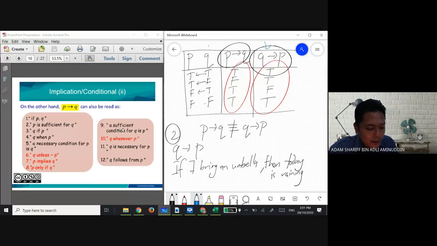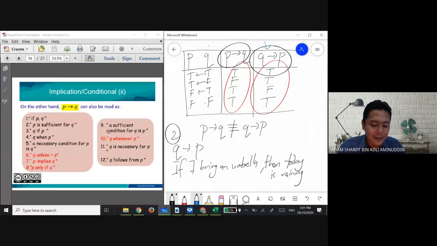Okay, they said, according to Rosen, which is also true by the way, all these 12 statements here represent P implies Q. We only learn if P then Q. But P is sufficient for Q also means if P then Q. Bagi saya, serabut. I'm a very simple direct man.